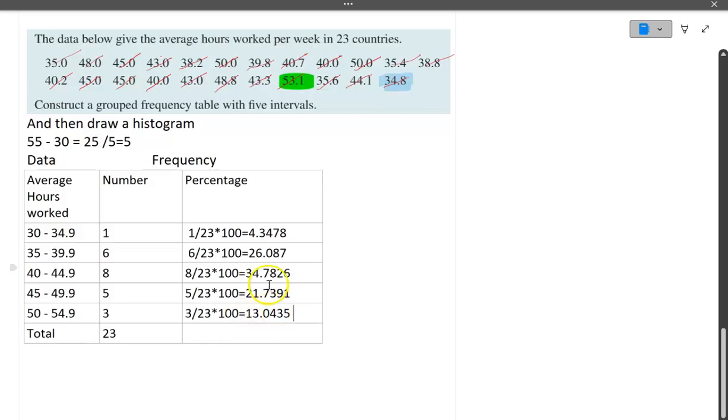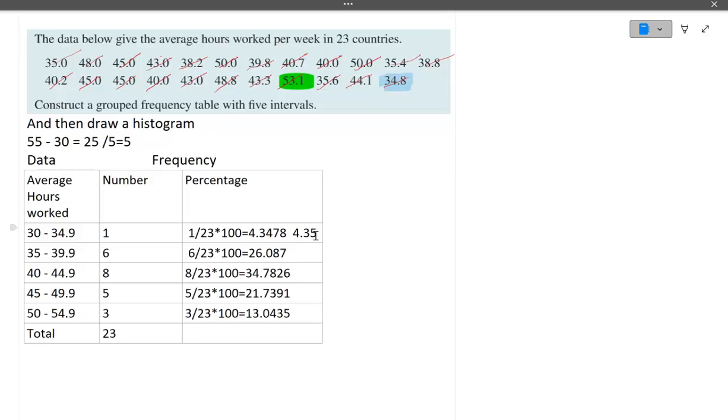Okay, and these ones, if I now round them up properly, they become 4.35. So yeah, I'm wondering, should I just make it rounded with no decimal places? That's what I'm thinking, because it will be hard to do it on the histogram.